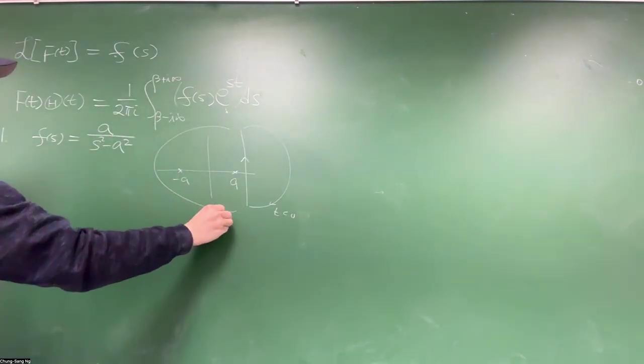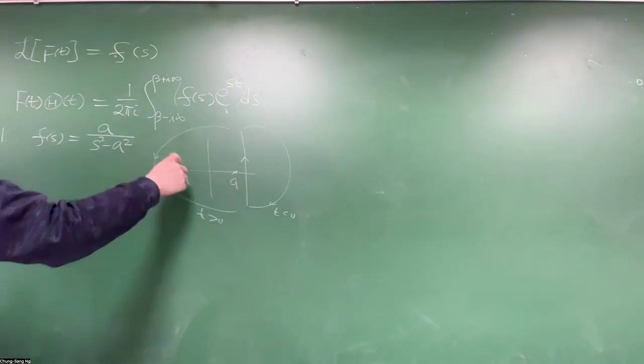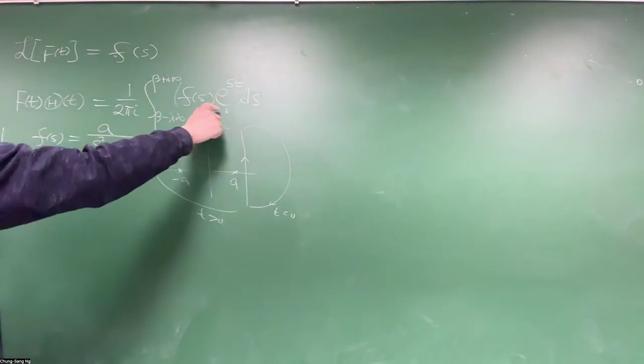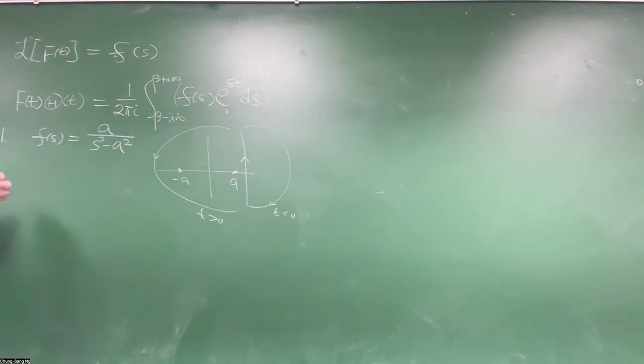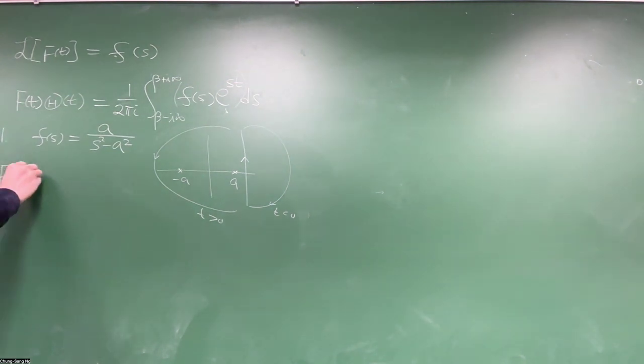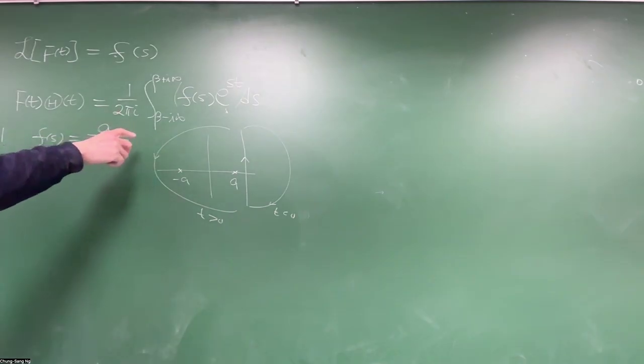For positive t, you close to the left, and that will give you the singularities at A and minus A, the residues of this whole argument. So for t positive, you can just write F equals the sum of residues.